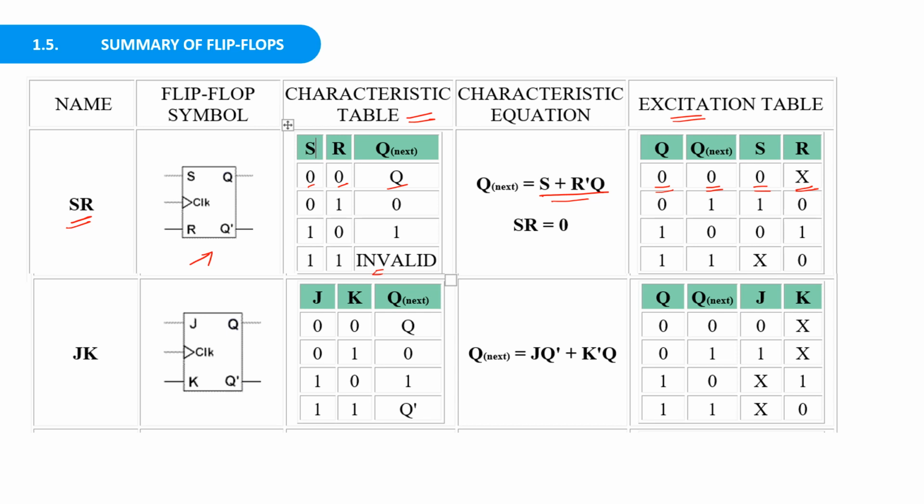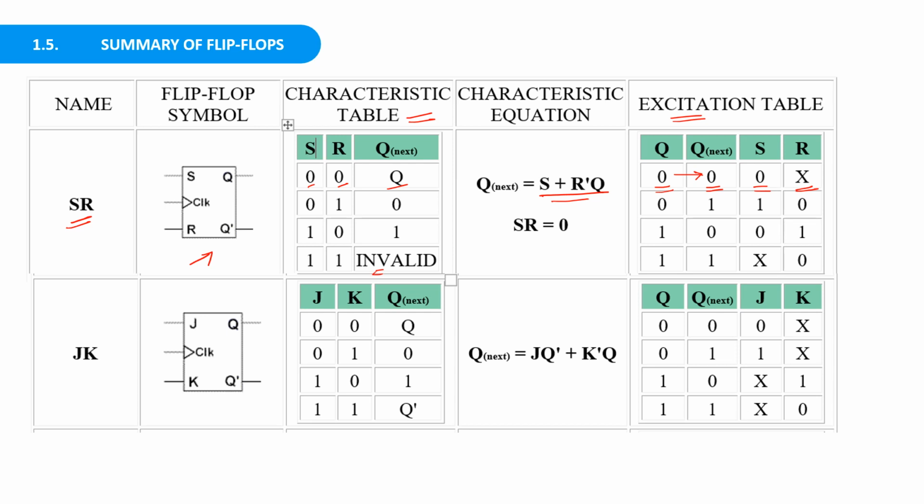So if you want a change from 0 to 0 in the next clock, that is, the current state is 0 and the next state you require is 0, then S should be 0 and R can be 0 or 1.